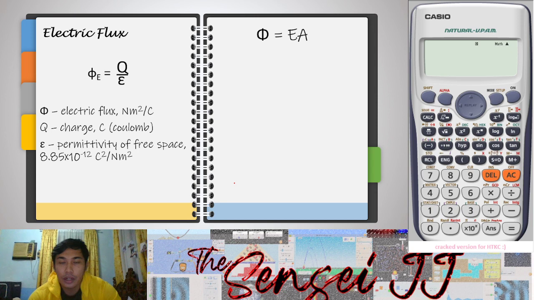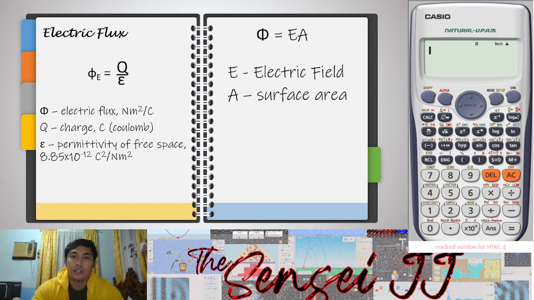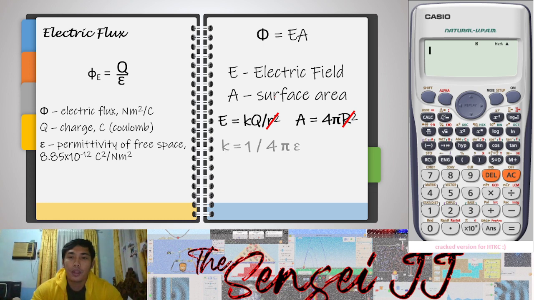Okay, so we have here our derivation of phi E, and we have discussed this previously. We have here E is equal to KQ all over r squared, and the area of 4 pi r squared. So we just have to cancel them when we combine these two. And we have here our k, which is 1 over 4 pi epsilon, and we can cancel out our 4 pi.